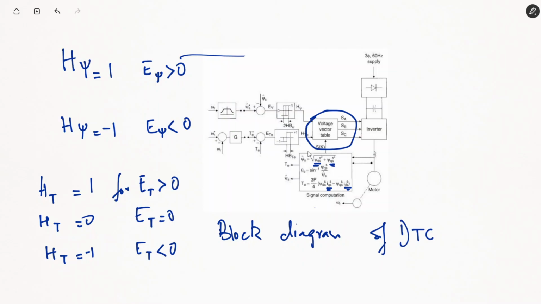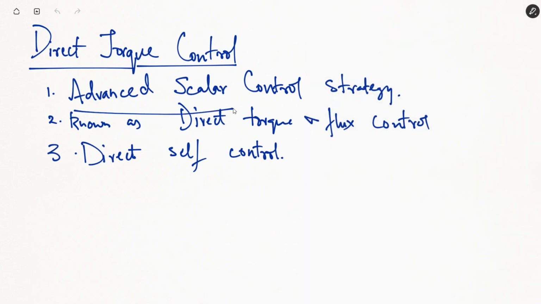So there is some control of phase required in this strategy, but we are not directly employing that phase control anywhere. That makes it ambiguous whether it's a scalar or a vector control strategy. What the modern term suggests is that it's an advanced scalar control strategy. They do not say it's a scalar control strategy, they just say it's an advanced scalar control strategy.